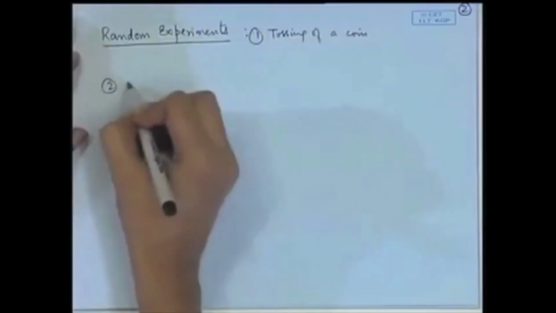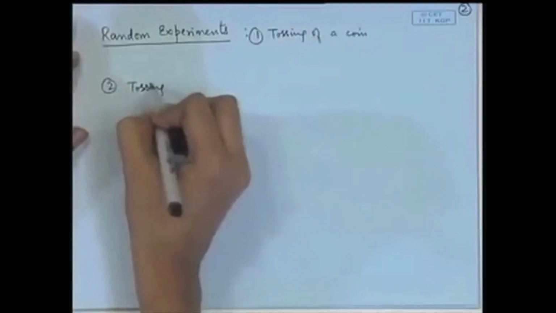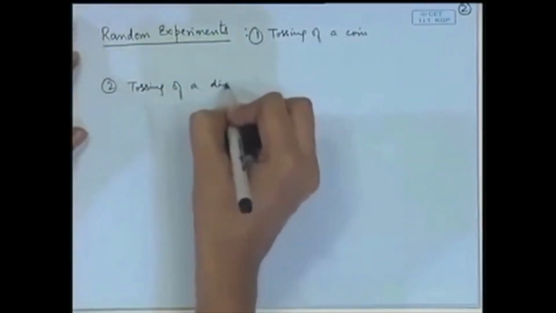Consider, say, tossing of a die. Again the conditions are similar. We may fix the die in various ways, but when we toss it, after falling which face will be upwards is not known.